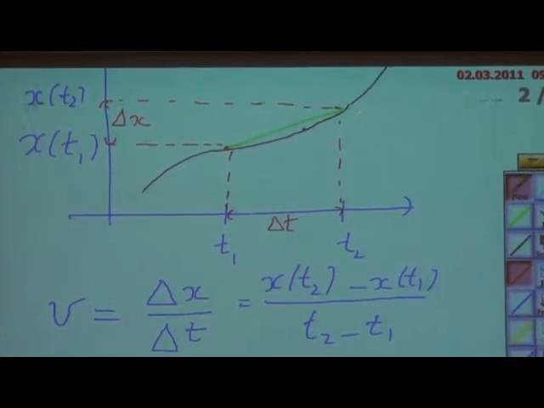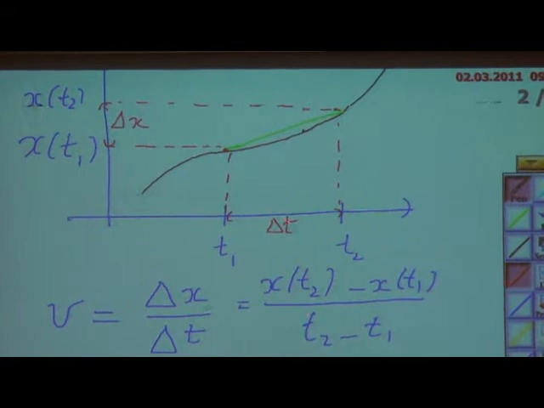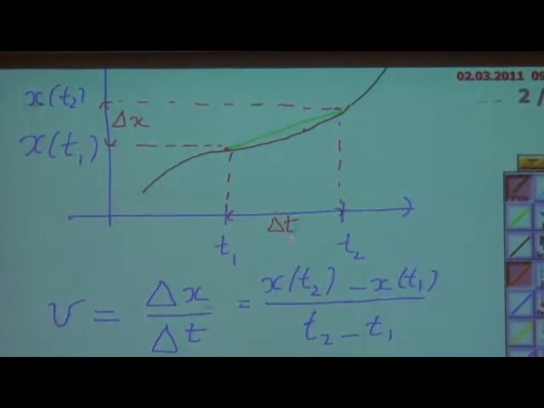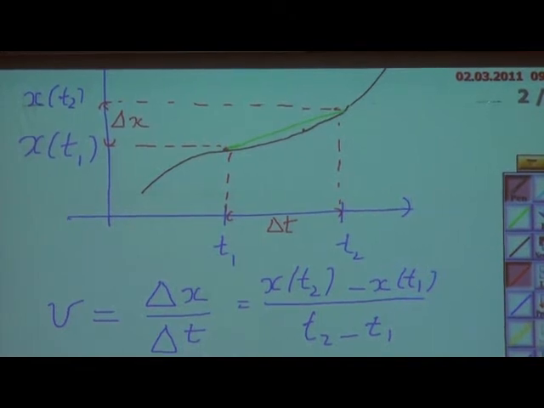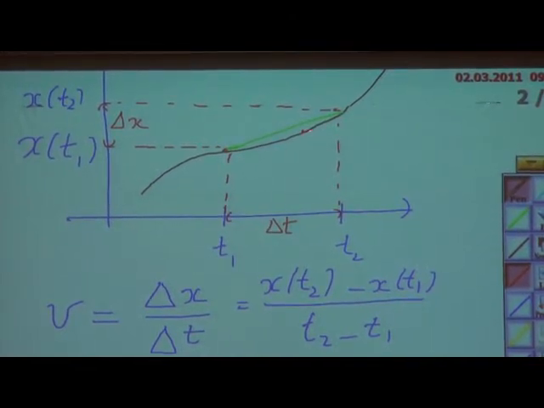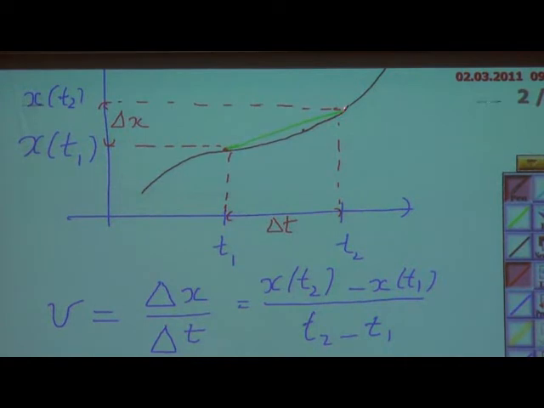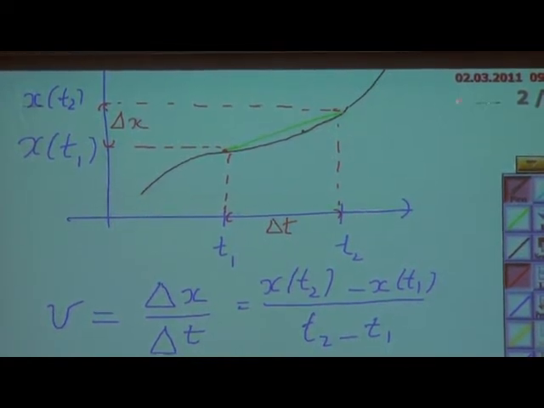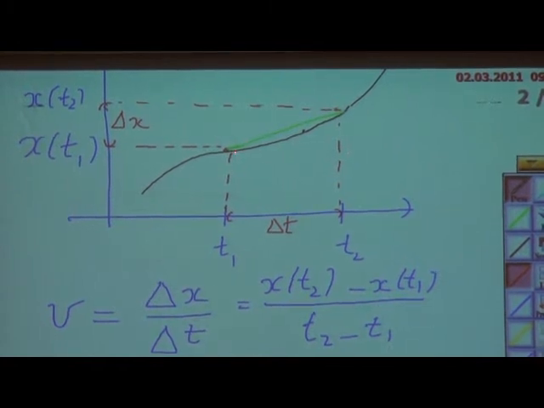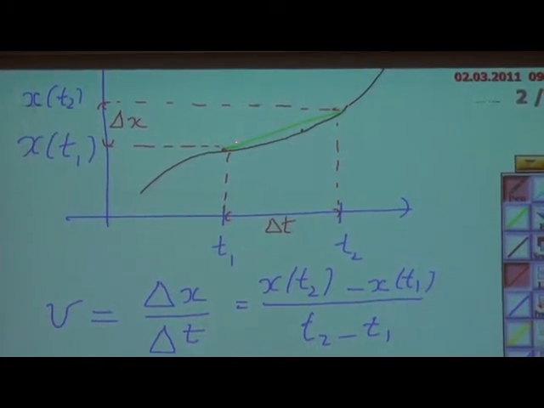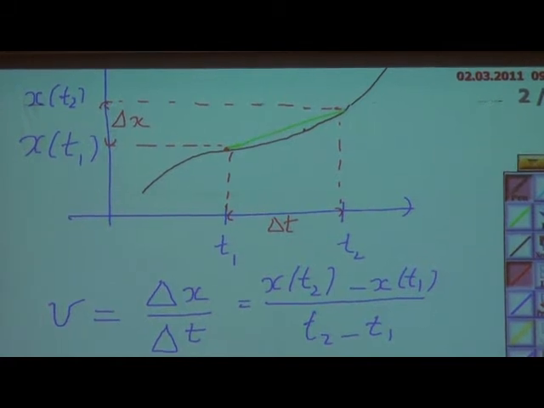Whereas, like in this example, if in a long time interval delta t, the particle only moves a short distance, delta x is small, then the ratio delta x over delta t, the velocity, will be small. Geometrically on this figure, delta x divided by delta t is just the steepness, the slope of that line.